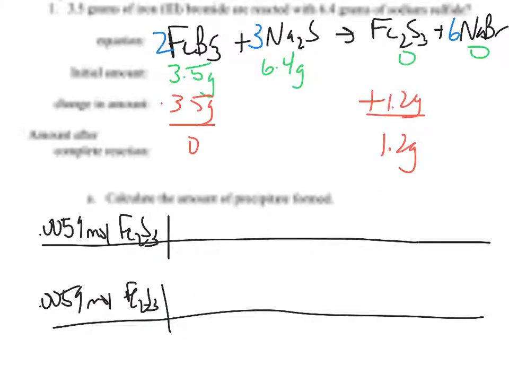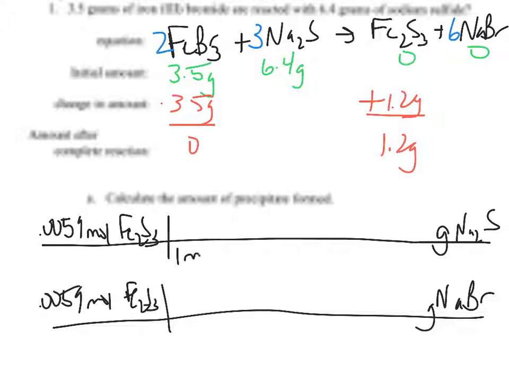So to complete the table, I'm going to start with the smallest number of moles that we just calculated, the 0.0059 moles of iron 3 sulfide. And I'm going to do two more calculations. I'm going to figure out how many grams of Na2S that requires, and how many grams of NaBr it's going to produce. In both cases, I'm going to use mole ratios again and molar masses.